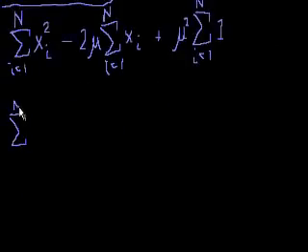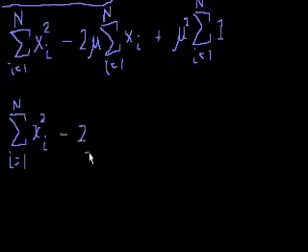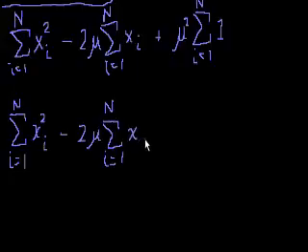So this equals the sum from i equals 1 to n of x sub i squared, and let's see, minus 2 times mu, minus 2 times mu times the sum from i equals 1 to n of x sub i. And then what is another way to write this, right?